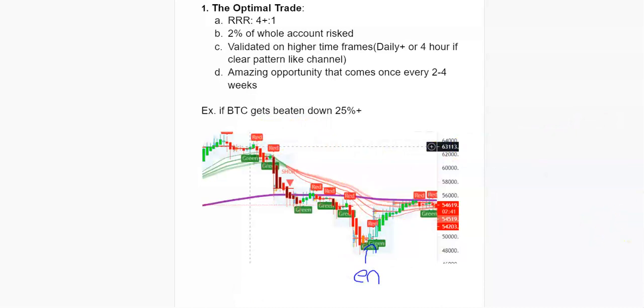And then ideally there would be a good pattern, like a double bottom or something. However, this works as 47K is a very strong support area in which it would most likely bounce up. So you wait for that first heavy green candle right here, which after you reverse in that red momentum going down. So then that would be a great starter entry point for this optimal trade.